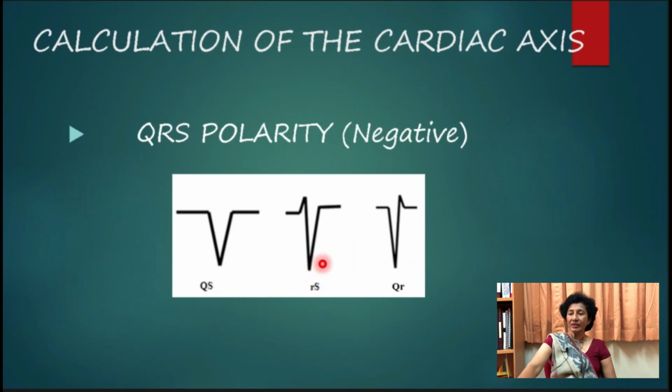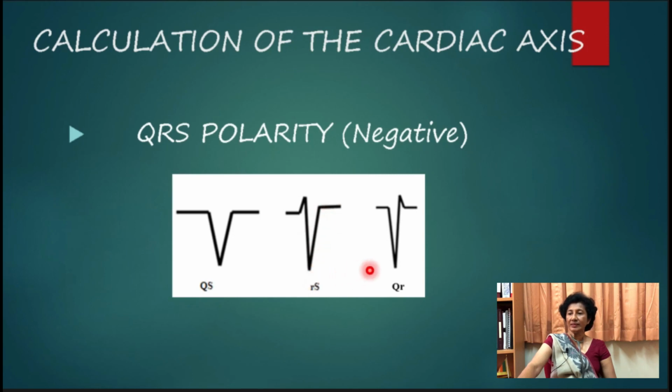In second complex, you can see dominant S wave with a low amplitude R wave. So it is termed simple r capital S. The polarity of this complex is negative and the QRS vector is down.